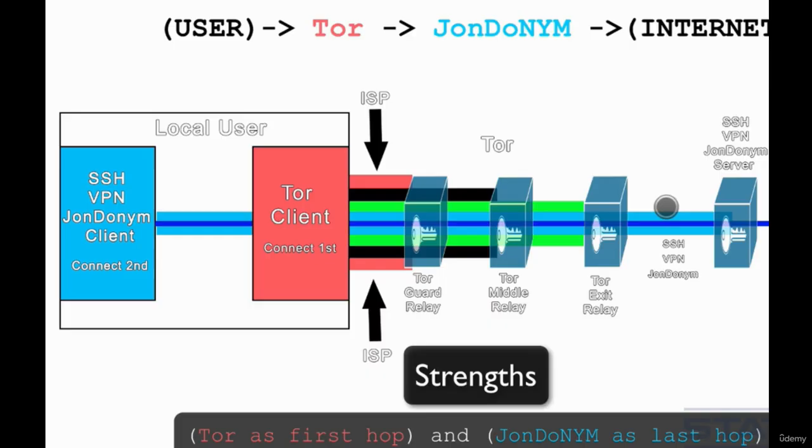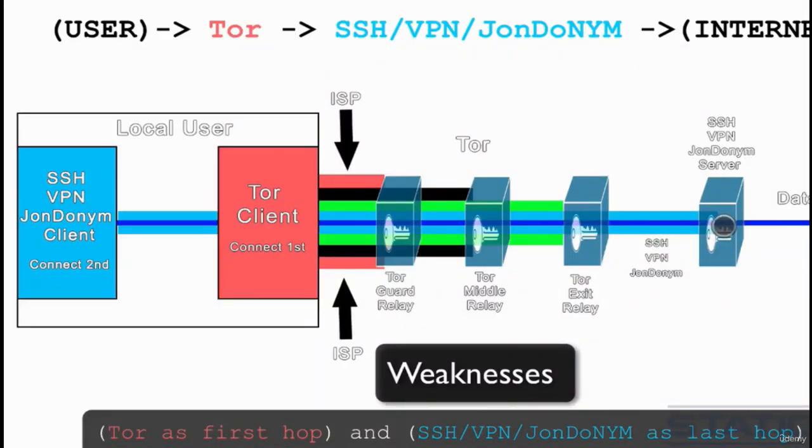In some cases, Tor hides your IP address, but the SSH, VPN or Jondonym server clarifies your IP address and stores your data, and Tor fails there.